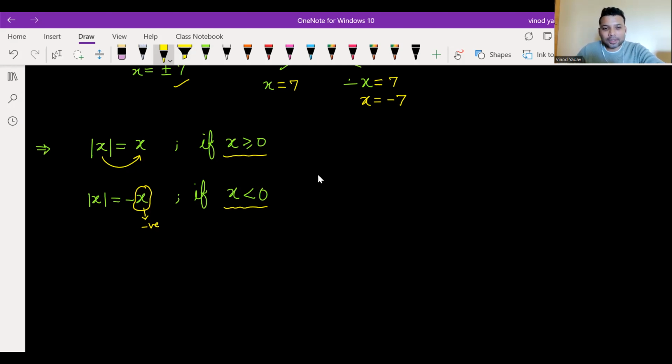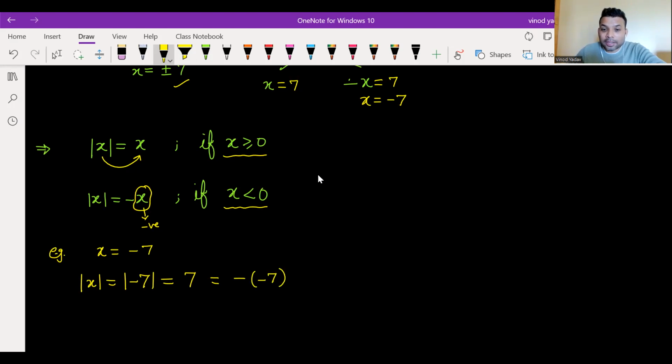Let's take an example also. Let me take a negative number, x is equal to -7 in the above example only. So when we say mod of x, it means mod of -7. The outcome shown is 7. Can you just go back one step in between? Can I write 7 as minus of -7? Isn't it?